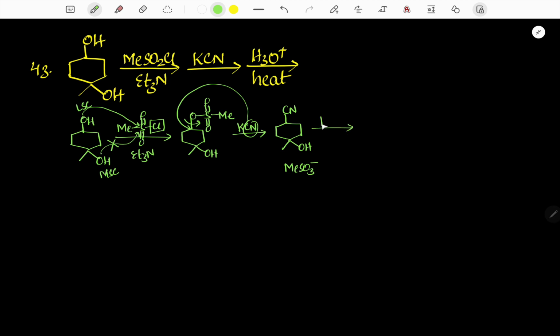Now the product is treated with H3O plus and heat. So the cyanide undergoes hydrolysis. The simply corresponding product is formed by cyanide hydrolysis.